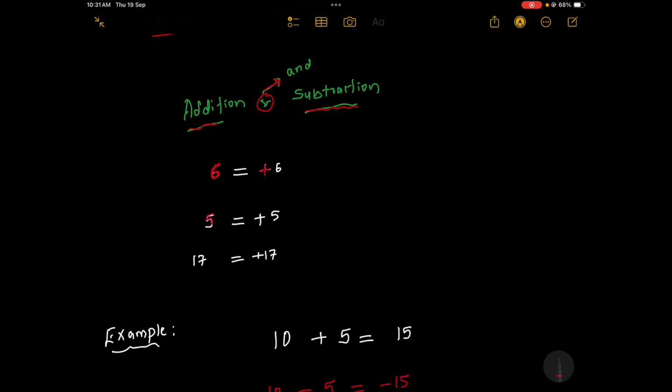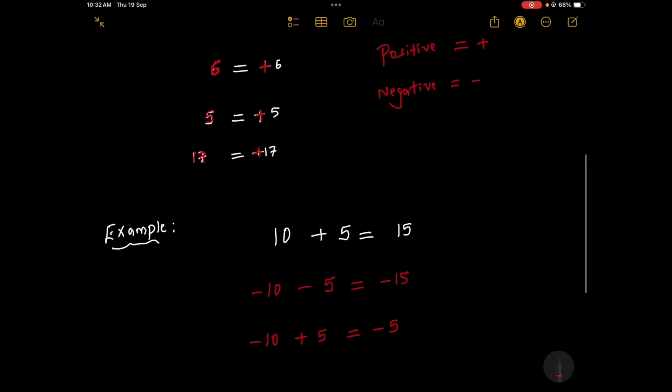If I write 5, it means it is positive 5. If I write 17, it means it is positive 17. By default it is positive only. If I use the word positive, it indicates plus, and the word negative indicates minus. Okay, shall we start then?